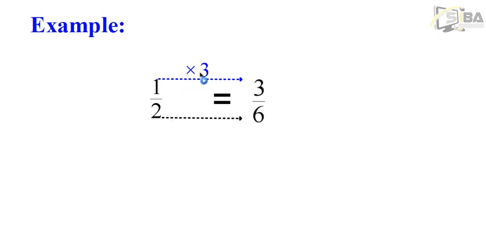Since we multiply the numerator by 3, we are going to multiply the denominator also by 3. And that will give us 6. I hope you got the explanation. Now I said for us to get an equivalent of any fraction, let's multiply the numerator and the denominator by the same number. So we multiply here by 3, we multiply here also by 3.